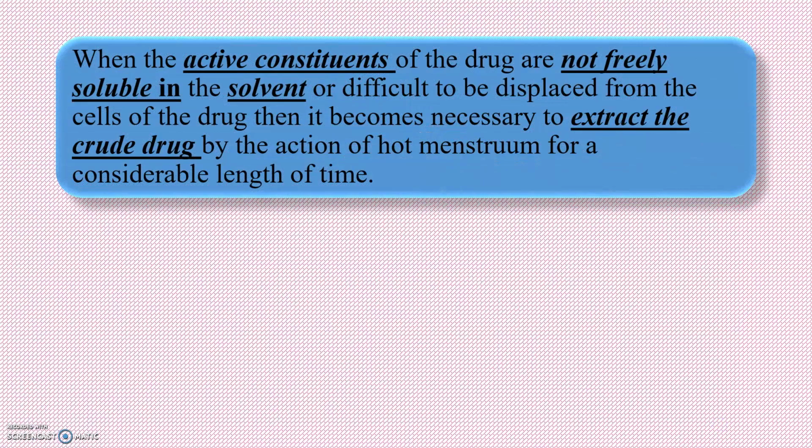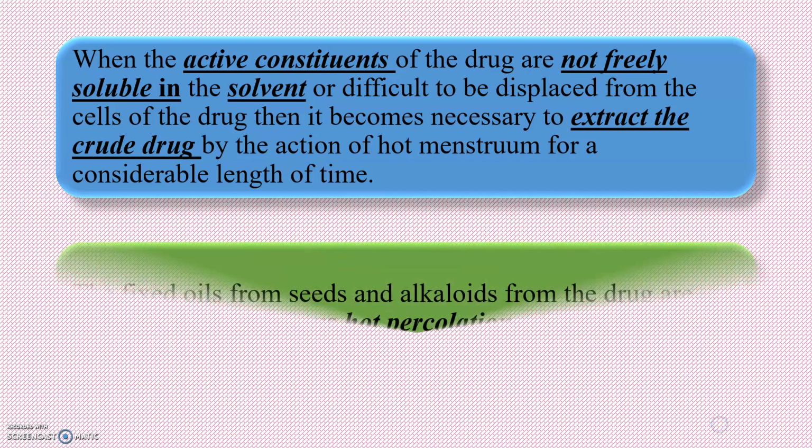When the active constituents of the drug are not freely soluble in the solvent or they are difficult to be displaced from the cells of the drug, then it becomes necessary to extract the crude drug by the action of hot menstruum for a considerable length of time.